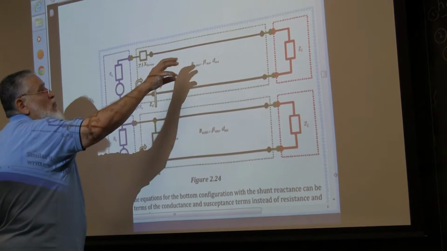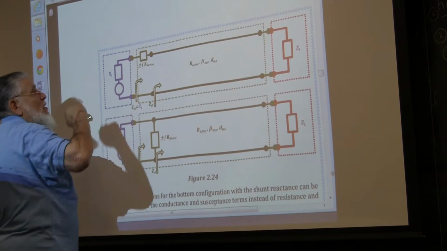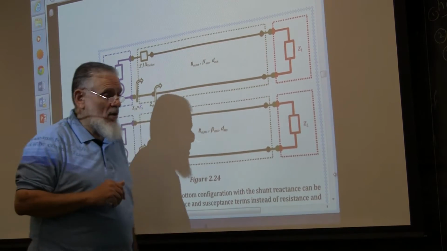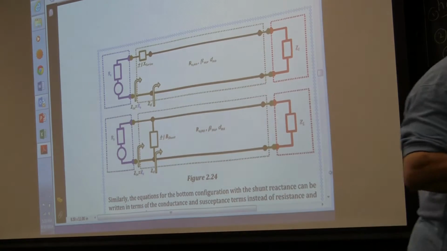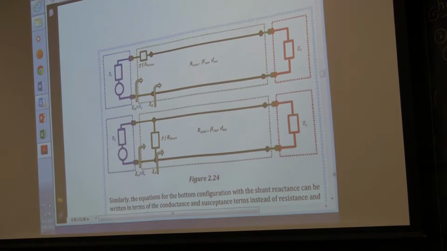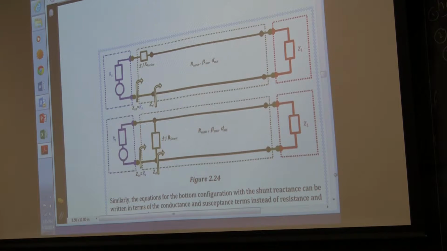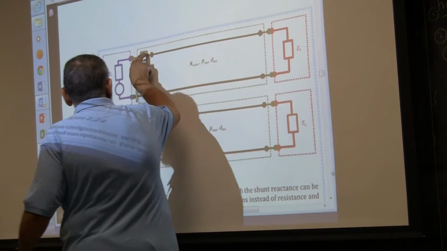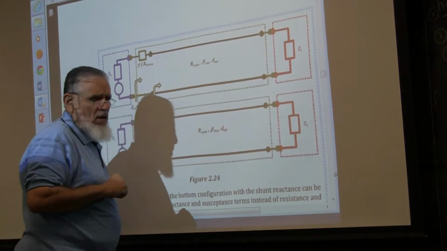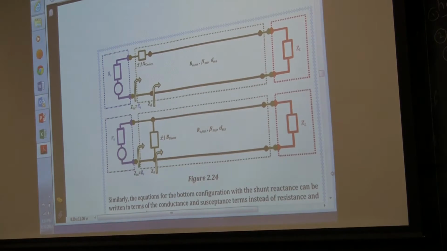So the transmission line will do part of the game, and the reactance will do the second part, and the combination will achieve the matching. All right? So that is what we do in transmission lines. We call this the series stub or the shunt stub approach, because that reactance typically comes from another transmission line, and that reactance here is also another transmission line, and you'll see the picture coming next.